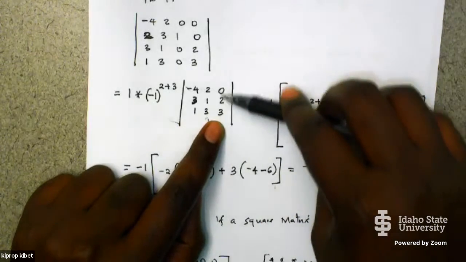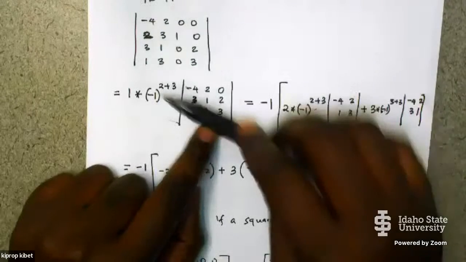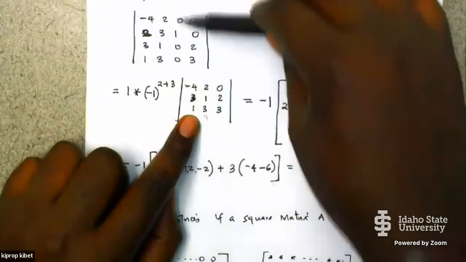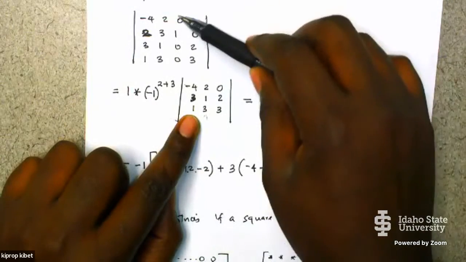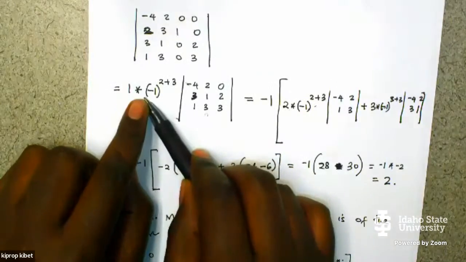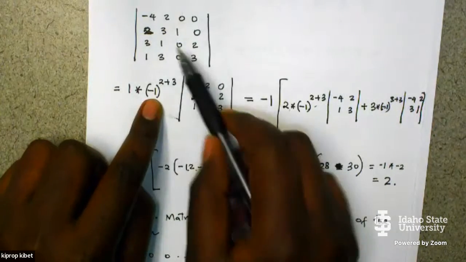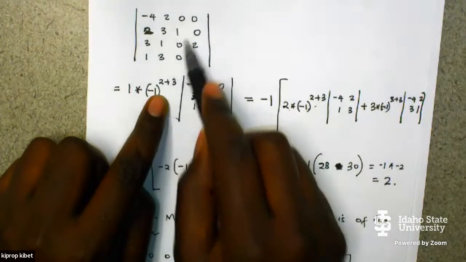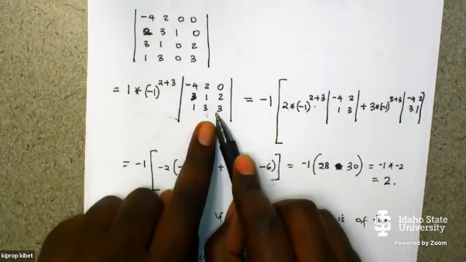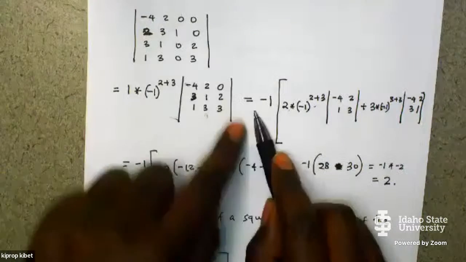After you're done with this, you come to the next step here. In this case, we deleted this column here, that is why we have 1 here multiplied by -1. So we deleted the second row and the third column, which is 2 plus 3 there. You see? So we got this, right?